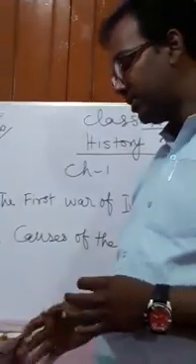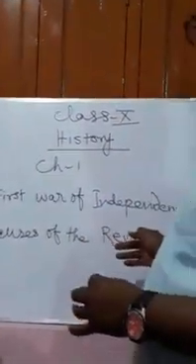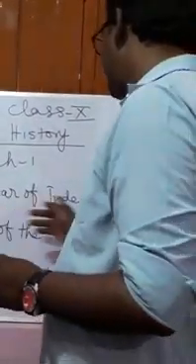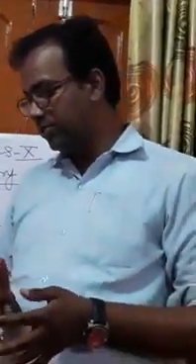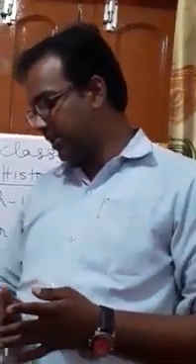So there are certain causes related to the first revolt of 1857. There are political causes, social and religious causes, economic causes and military causes. Let me write it on the board.